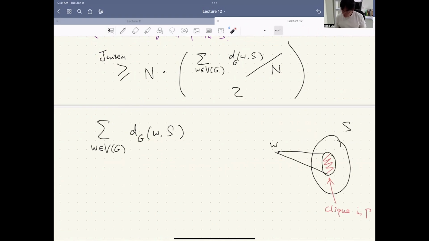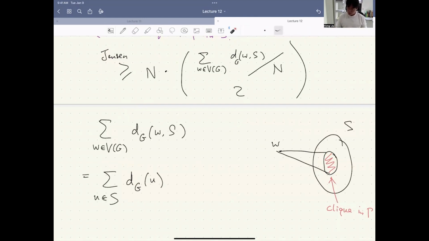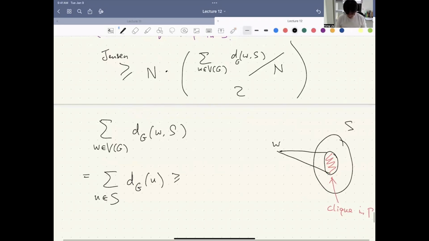This is the degree sum of W in S over all W. Every such edge is an edge incident with one end in S. So this is the same as you look at the sum of all edges sending to S. It's the same as all the edges sending out from S. So it equals the sum over all vertices, let me call it U, in S, of the degree in G of U. Okay, it's the same as vertices U sending out the degree, which is at least S times the minimum degree of G, right?